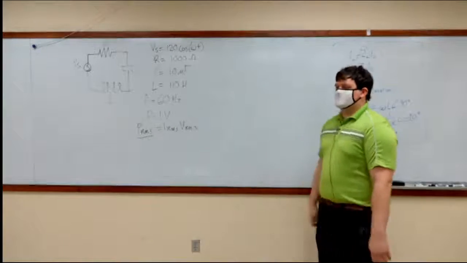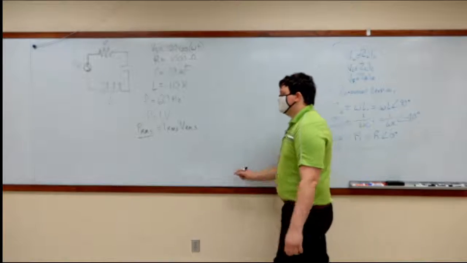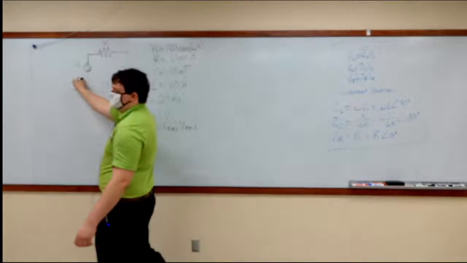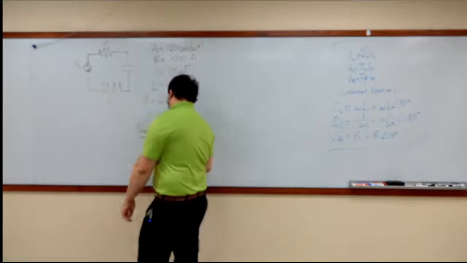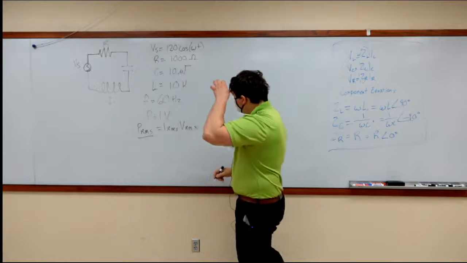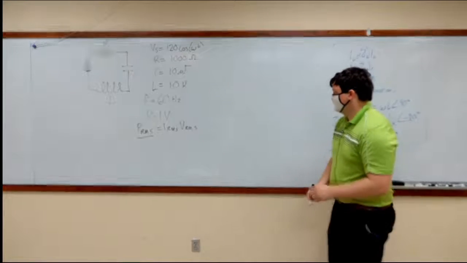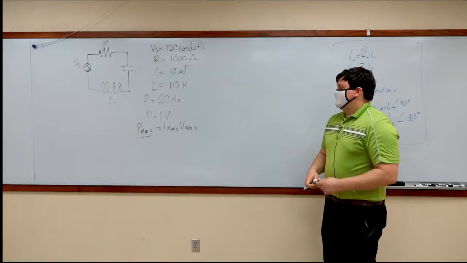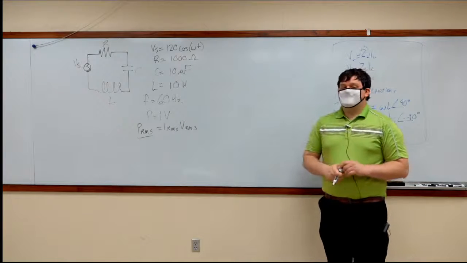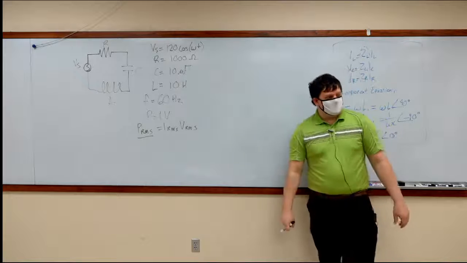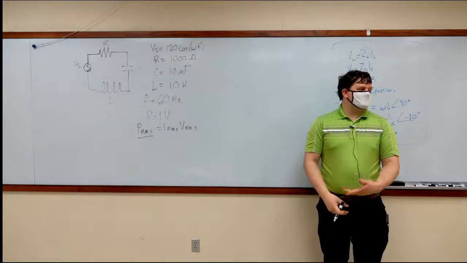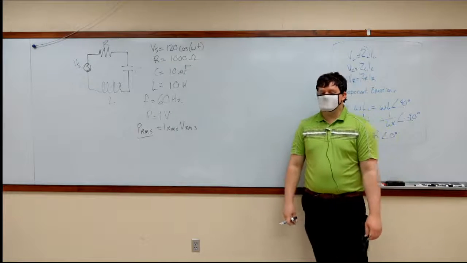But that is what we're looking for here. We want to know PRMS for VS. Okay? All right. Well, this is where we start our 7-part solution problem, right? And I cover 3 boards? Yep. No.